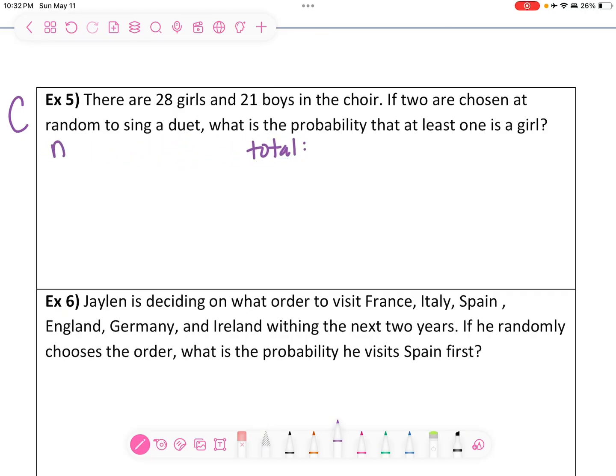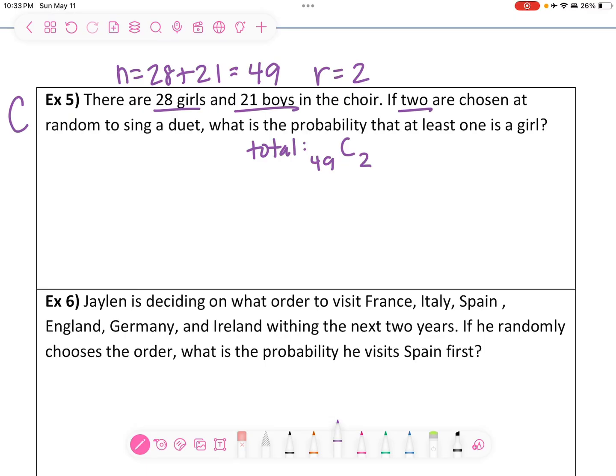So N, the total, is going to be 28 plus 21, which is 49. And then my R is going to be the 2 that are chosen at random. And then my total, go ahead and put that down here, is going to be 49 combination 2.